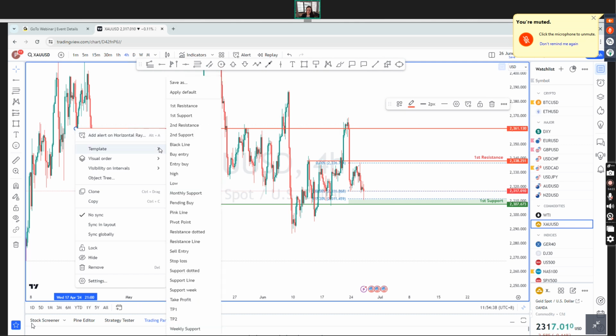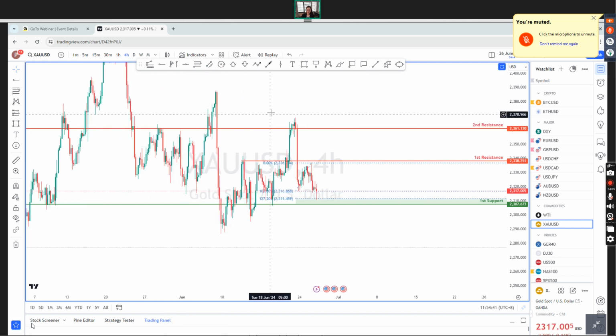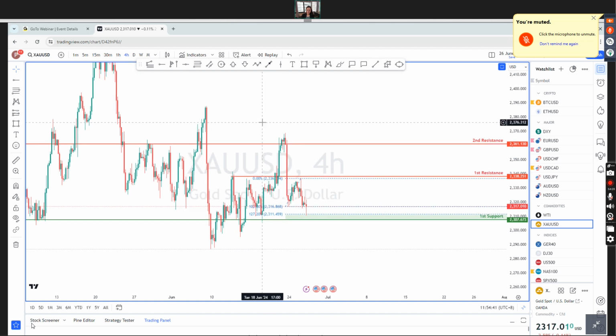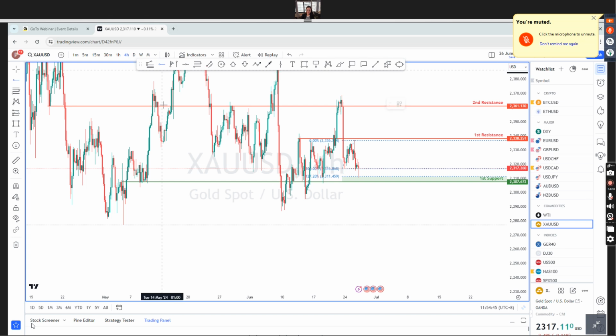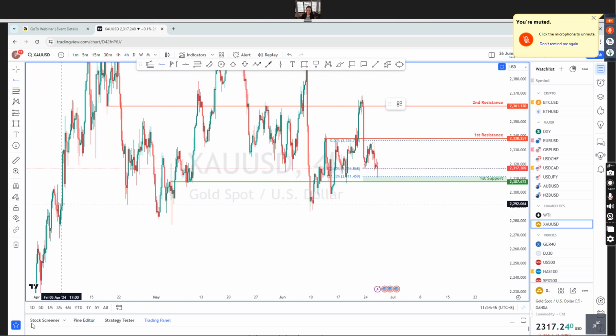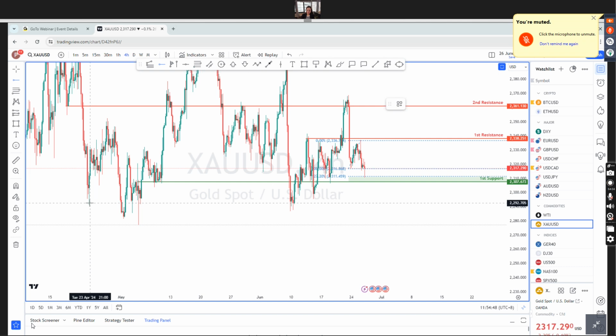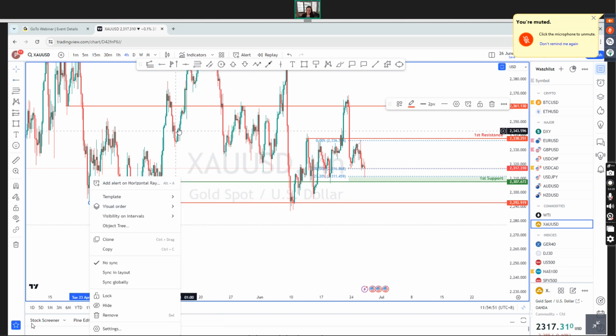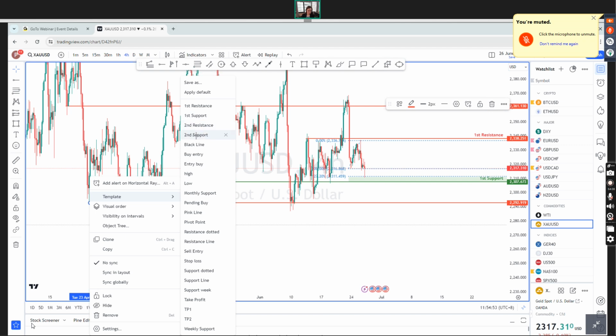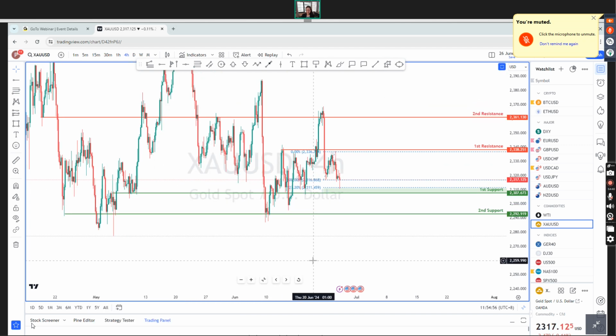My second resistance is going to be here. I will just put it here. I will put this one as my multi swing low support. Look at daily.